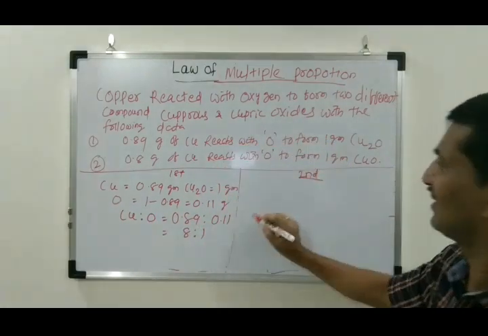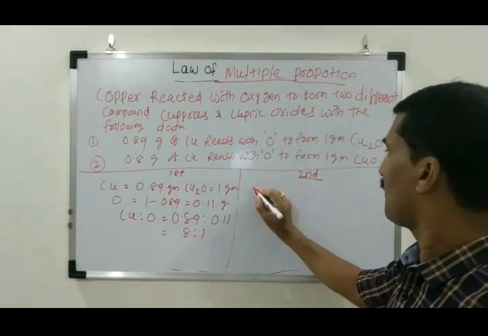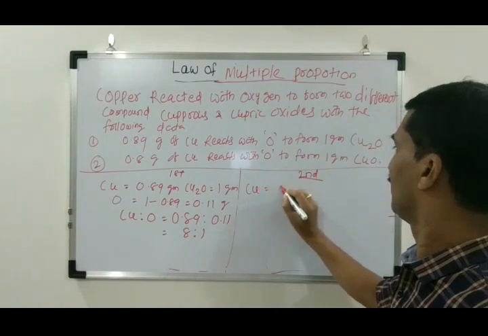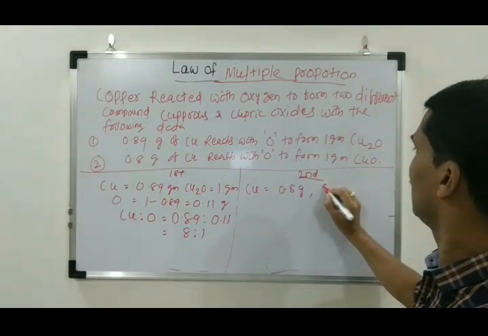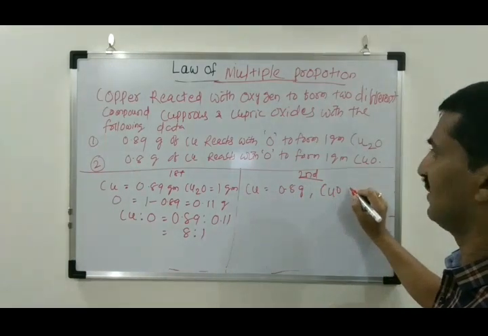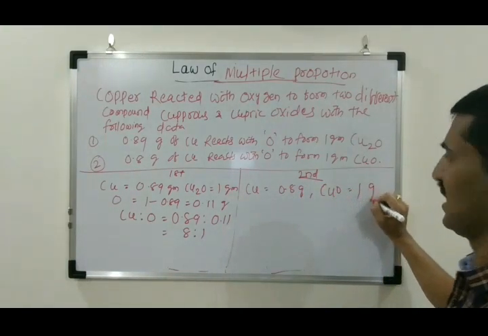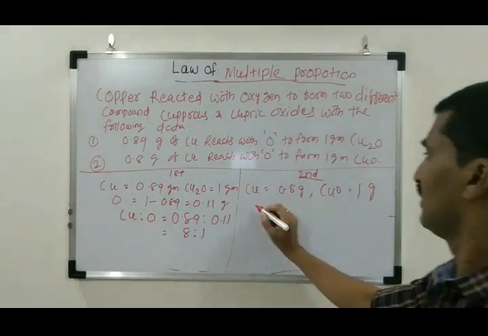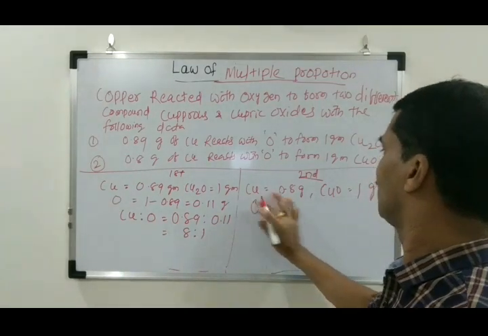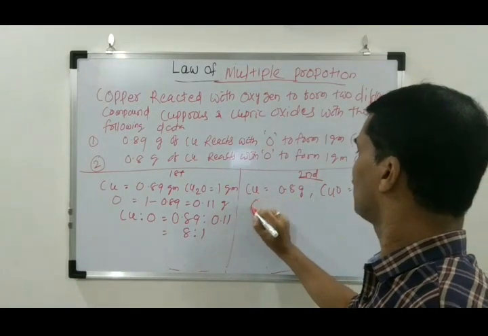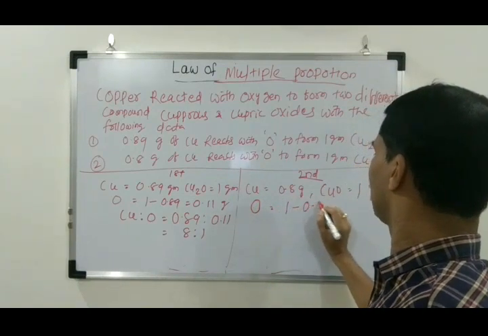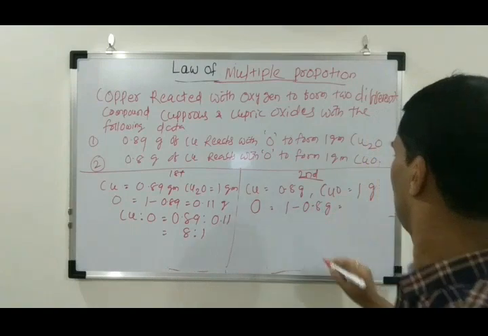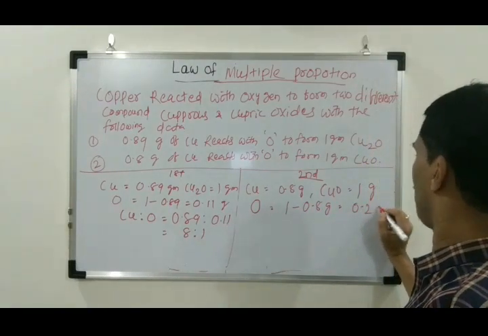In the second case, it is given that copper mass is 0.8 gram, then here cupric oxide mass is given as 1 gram again. Now I can find oxygen's mass, I will take 1 minus 0.8 gram, then I will get 0.2 gram.